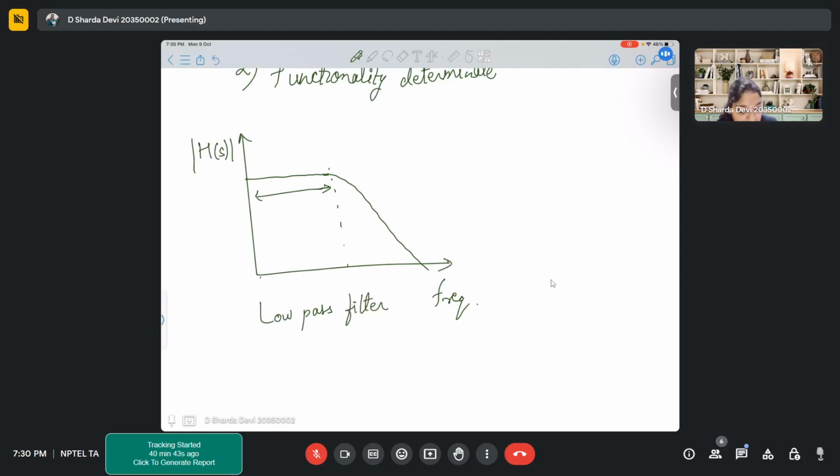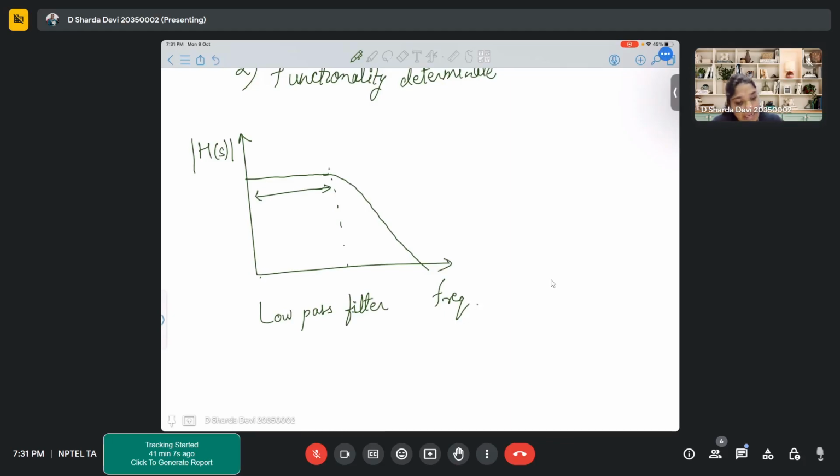Have you heard of filters? In general, filters: low pass, high pass, band stop. A filter basically means a circuit which will allow a certain range of frequencies to pass through it, and remaining frequencies are attenuated.